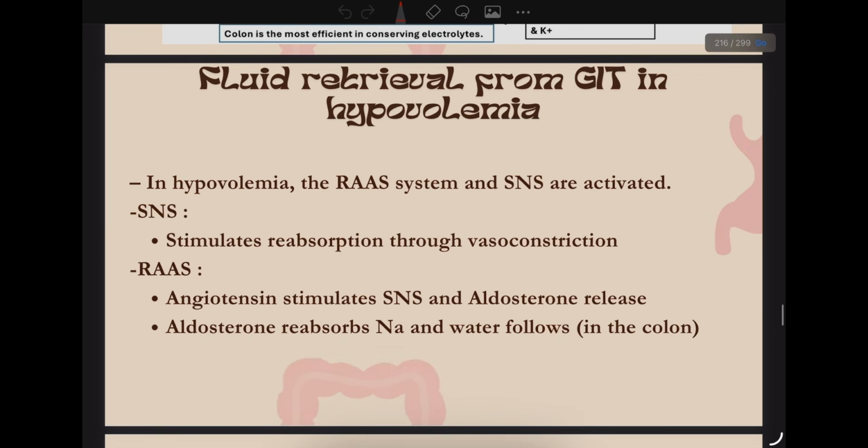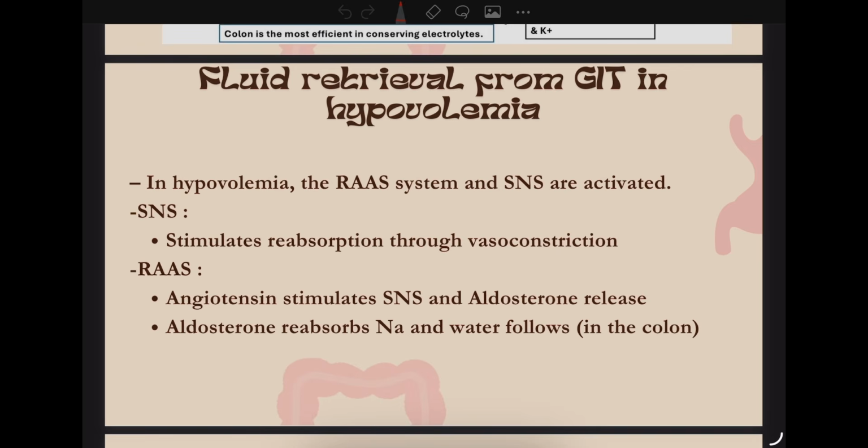And yeah. Now, fluid retrieval from the GIT in hypovolemia. When we have hypovolemia, we have the renin-angiotensin-aldosterone system activated, and the sympathetic nervous system, fight or flight. When you have hypovolemia, of course, you want to activate that. So what happens? It stimulates reabsorption through vasoconstriction. You don't need to know the mechanism, just know that vasoconstriction by the sympathetic nervous system stimulates reabsorption. The renin-angiotensin-aldosterone cascade helps: angiotensin stimulates the sympathetic nervous system.